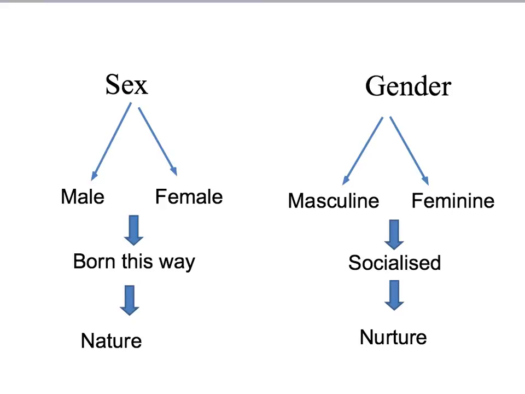So in relation to gender, sociologists have challenged the traditional view that masculinity and femininity are innate categories, that they are boxes that we're born into. Instead, sociologists would argue that gender roles are things that we learn, things that we acquire through a process of socialisation. So masculinity and femininity are categories that we grow into rather than categories that we're born into.